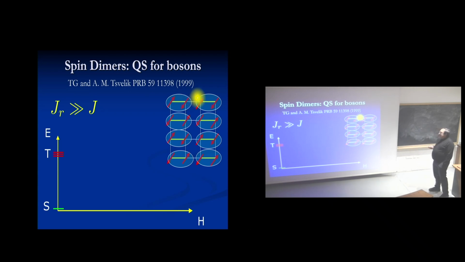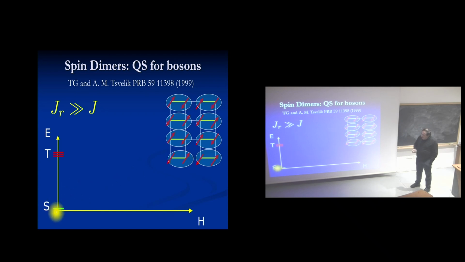And that's a very simple example of a material which will be paved by dimers. So imagine that I have a system where this yellow bond is much larger than all the other exchanges. Of course, then I can first diagonalize this two-spin problem, and you know that two spin-1/2 coupled by antiferromagnetic exchange can be in a singlet state or in a triplet state, so it's very easy.